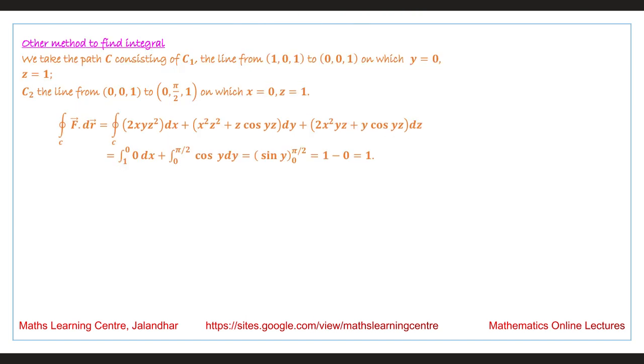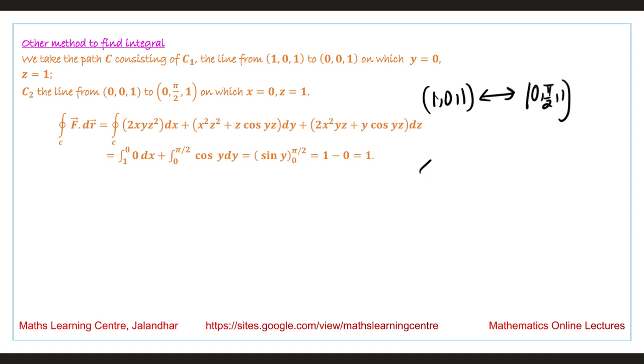Now suppose we are not able to find the total derivative or the potential function, then there is another approach that we can use. We are being given 2 points. One is the point 1, 0, 1, and the other point is 0, pi by 2 and 1.